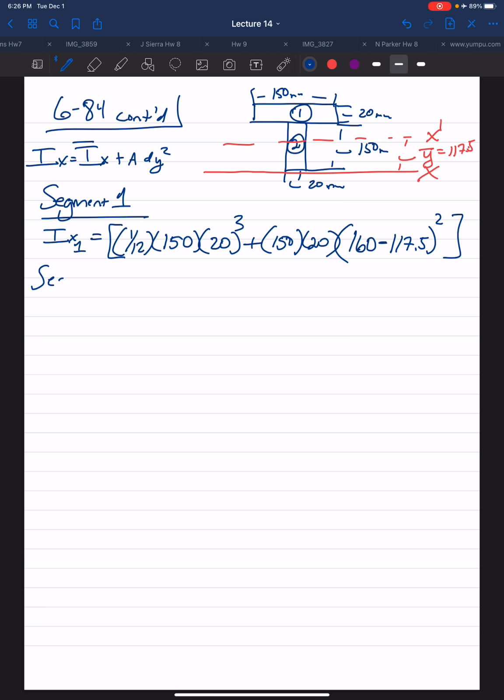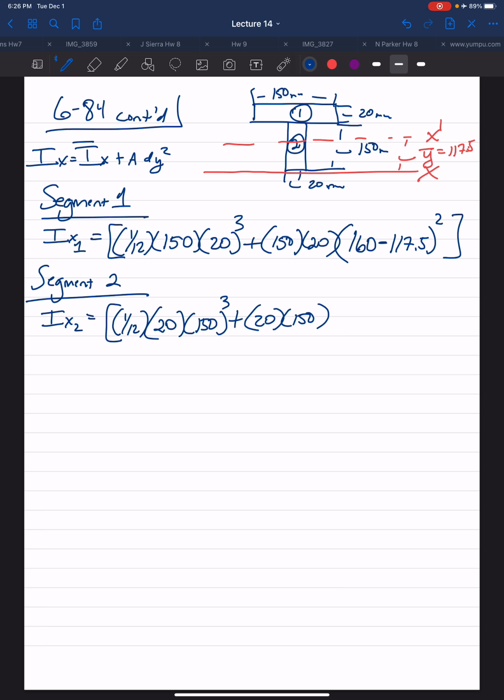So for segment 2, say I sub x2, once again, for a rectangle, 1/12 the base times the height cubed. The base in this case is 20 millimeters, the height being 150 millimeters cubed, plus the area, which is base times height. And our dy here, once again, for a rectangle, the centroid of that individual segment is in the center.